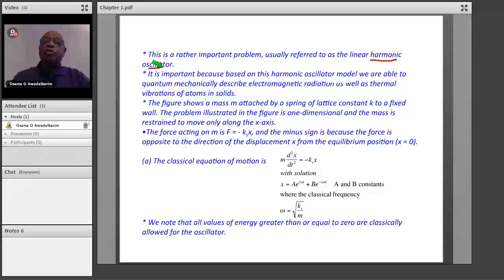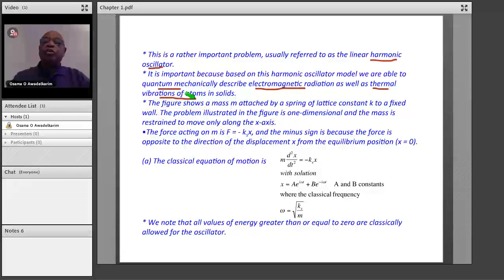The harmonic oscillator problem or model is very important because if we can solve it quantum mechanically, it describes oscillations and therefore it can describe electromagnetic radiation as well as any other oscillations like thermal oscillations or vibrations of atoms in a solid, which is also very important.